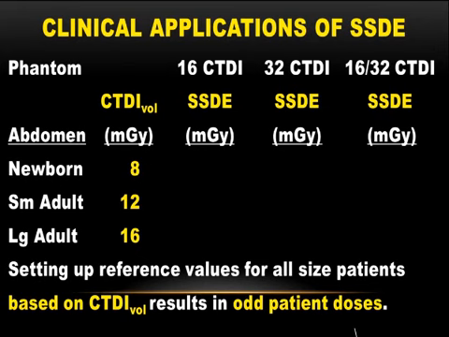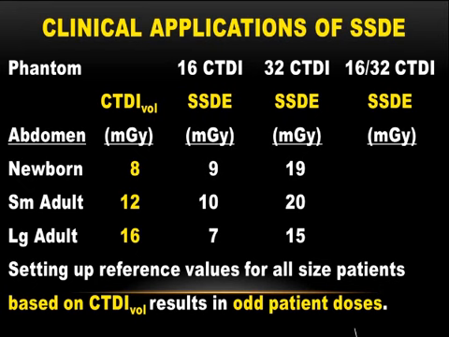So anyway, this might be a reasonable choice for me to make based upon CTDIvol. Well, what's the SSDE based on the 16 centimeter CTDI phantom? It's 9, 10, and 7 milligray, which doesn't make any logical sense. And if I do it based on the 32 centimeter CTDI, it's 19, 20, and 15.